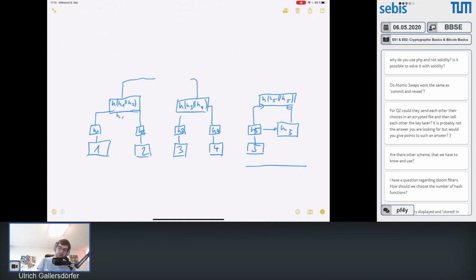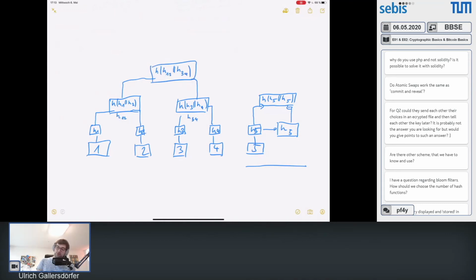That's hash 1, 2, call it like that. That's hash 3, 4. And we hash 1, 2 concatenated with hash 3, 4. And then we have this one covered.